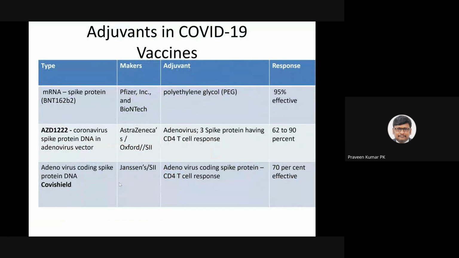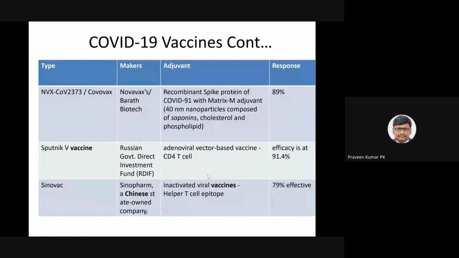If you see these adjuvants, there are so many kinds of adjuvants used in COVID-19 vaccines. For the mRNA spike protein, polyethylene glycol is used. And ChAdOx1 adenoviral adjuvants are used. For Covishield also, we are using an adenovirus coding spike glycoprotein, which gives the CD4 T cell response and cytotoxic T cell response.